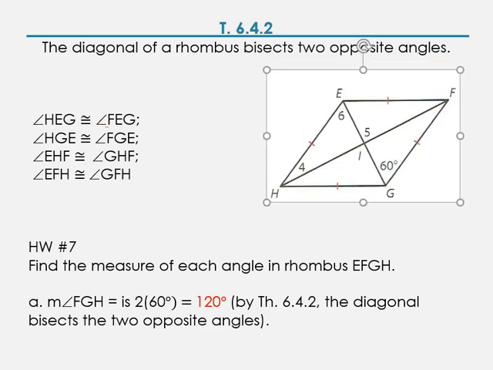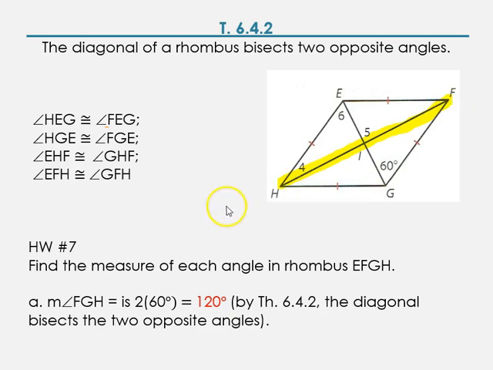If we take one of these diagonals, this is FH, it bisects two opposite angles. So what they're talking about is the diagonal bisects angle F and angle H. If we use the other diagonal, EG, then EG bisects angle E and angle G.